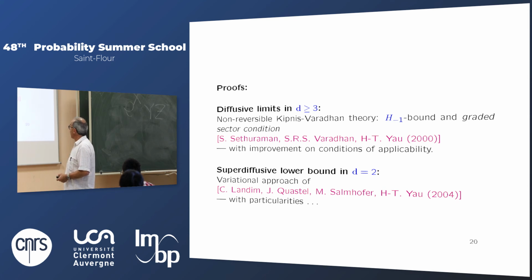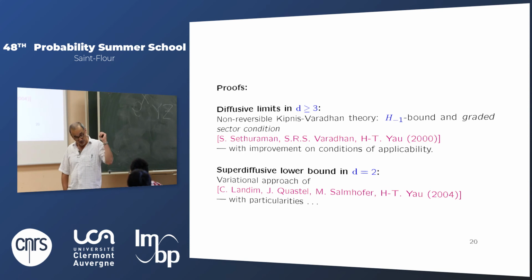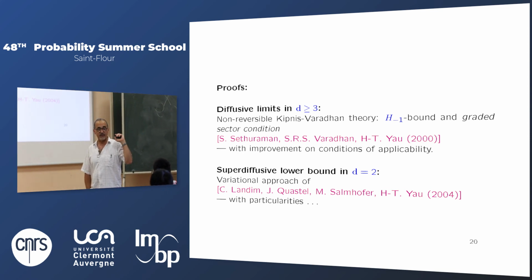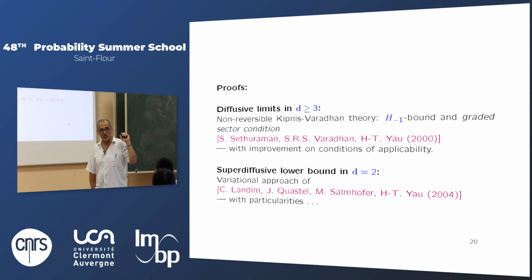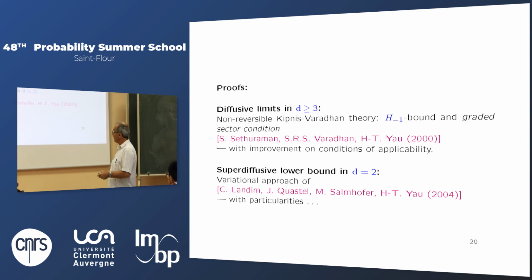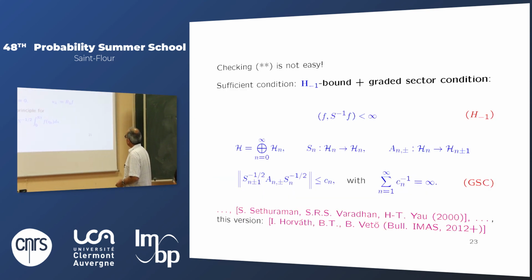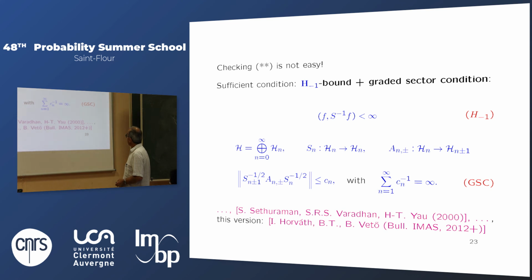And the superdiffusive bound is proved, as I showed you 2 days ago, using this Landim-Kostel-Zalmhofer-Yau type of approach, but it's much more involved because the variational problem we arrive at in 2 dimensions, in the marginal case, is difficult. And this is something which I told you in the first lecture, so I don't go through it. And this is about the graded sector condition, which doesn't make sense in the last 15 minutes.